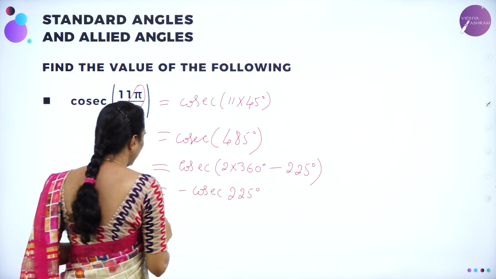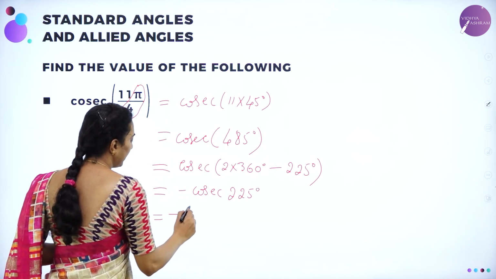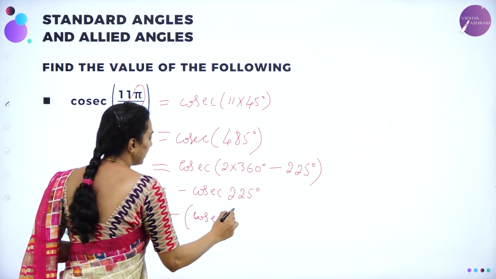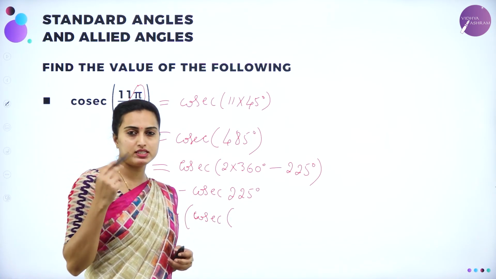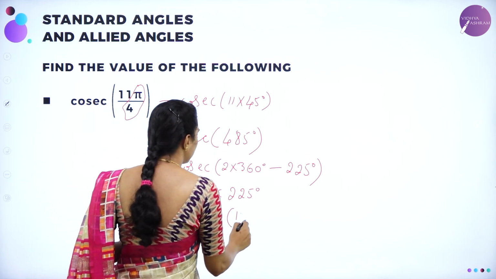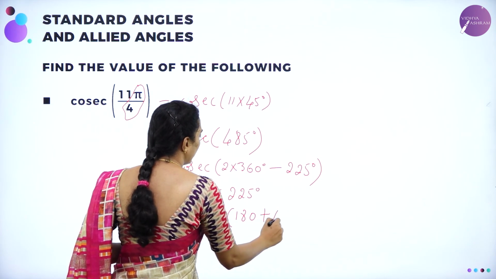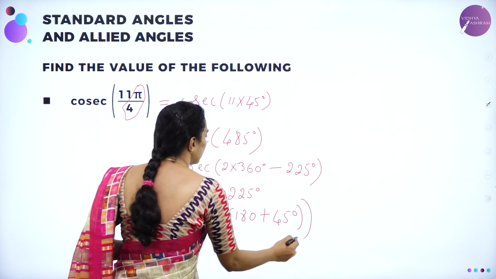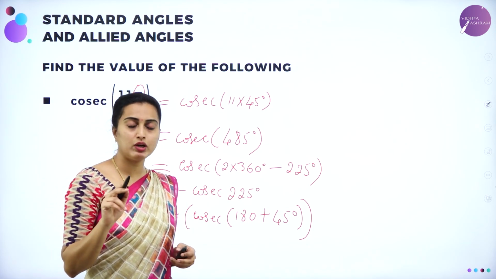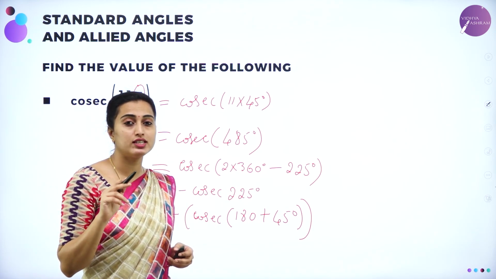Now, how are you going to write 225 degree? You are going to write it as cosecant of 180 plus theta or 270 minus theta. I am going to prefer 180 plus theta, which is 180 plus 45. Correct? So, therefore, cosecant 180 plus theta will be cosecant theta. 180 plus theta falls in the third quadrant.